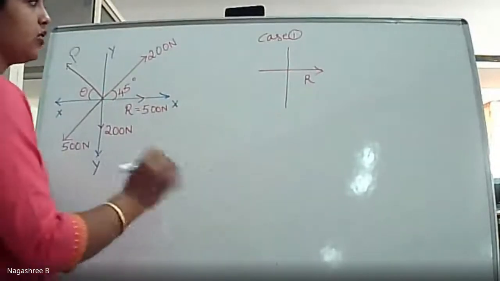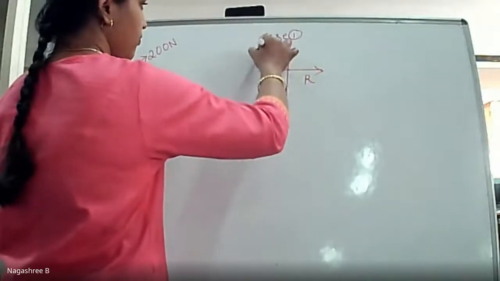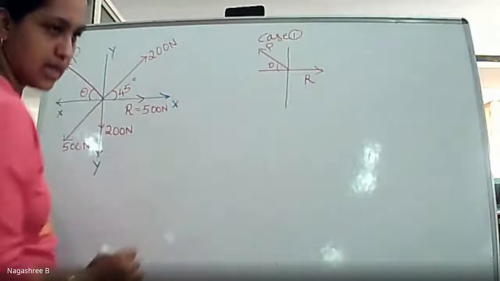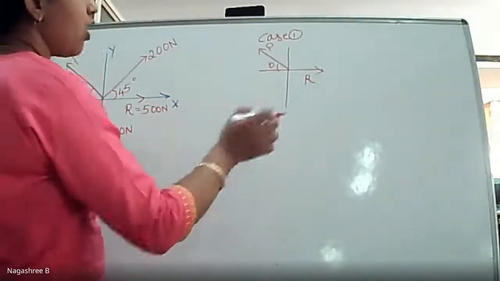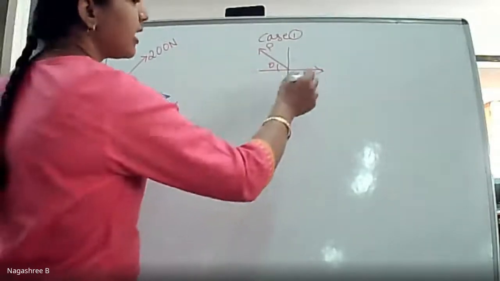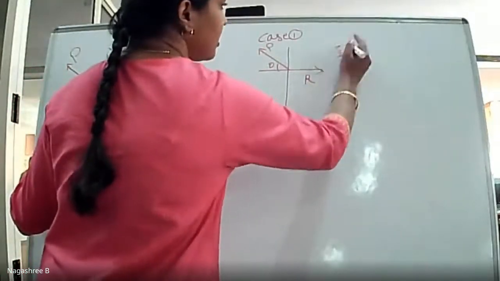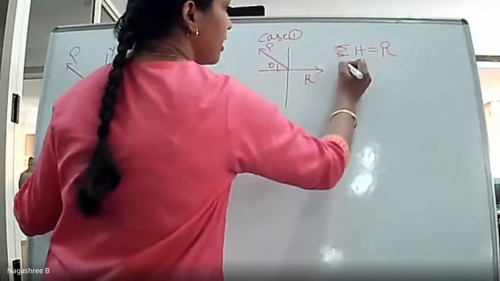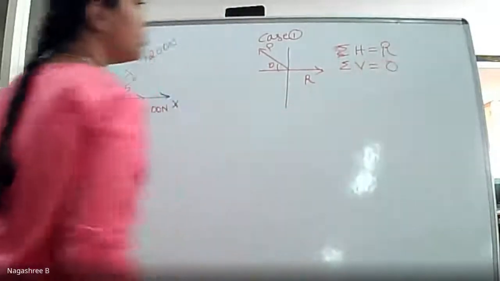Suppose the unknown force is of magnitude P at an angle of theta. I need to determine the value of P and theta, and if the resultant is given acting exactly on the x-axis, then sigma H is equal to R. It should be equated to R, and sigma V is equal to 0.